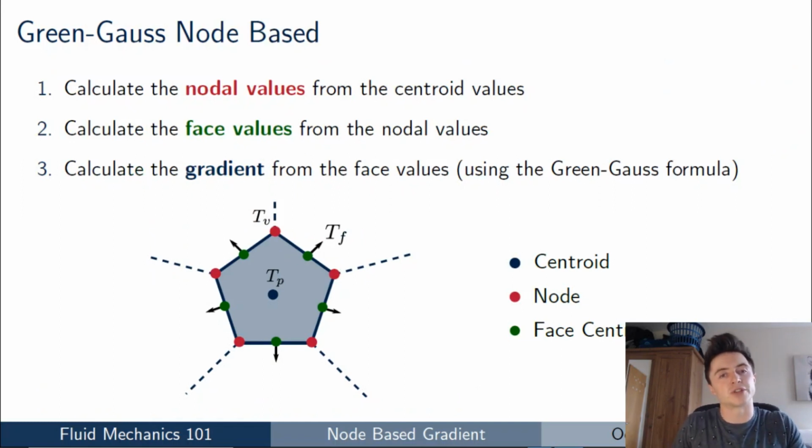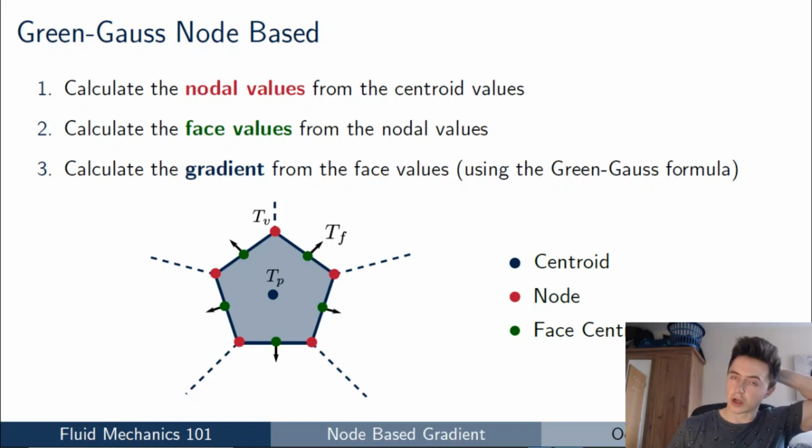The procedure that we use overall for calculating the gradient at the cell centroid using the node-based scheme is we start by computing the nodal values, that's the dots which you can see in red in the diagram there, from the centroid values. Then from the nodal values, the red dots, we calculate the face values, which are the green dots, and then we can use the Green-Gauss formula in the previous slide to calculate the gradient.